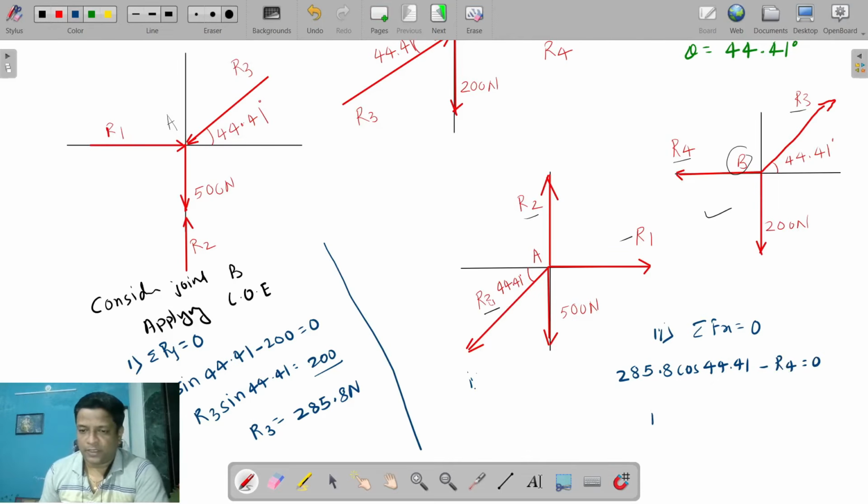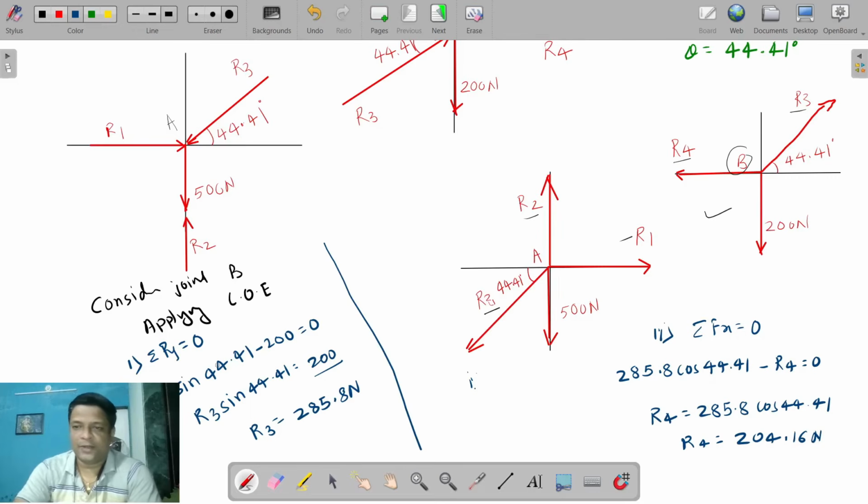The other horizontal component is 0, so R4 is equal to 285.8 cos 44.41. So the value of R4 will be, do the calculation, 204.16 Newton. Getting it? So this way we have calculated the reaction forces for joint B.